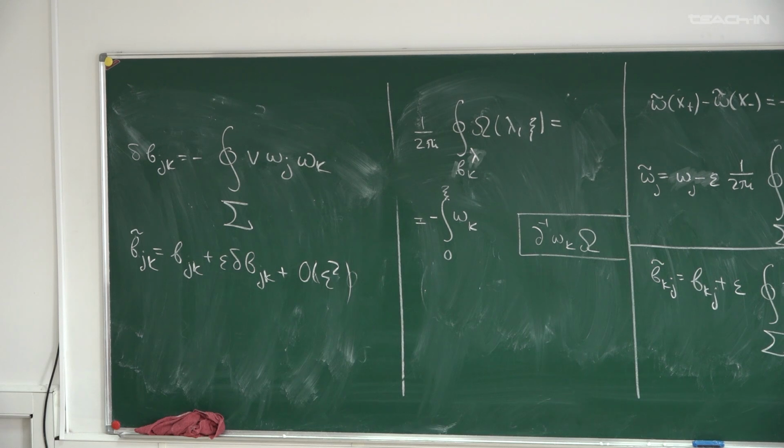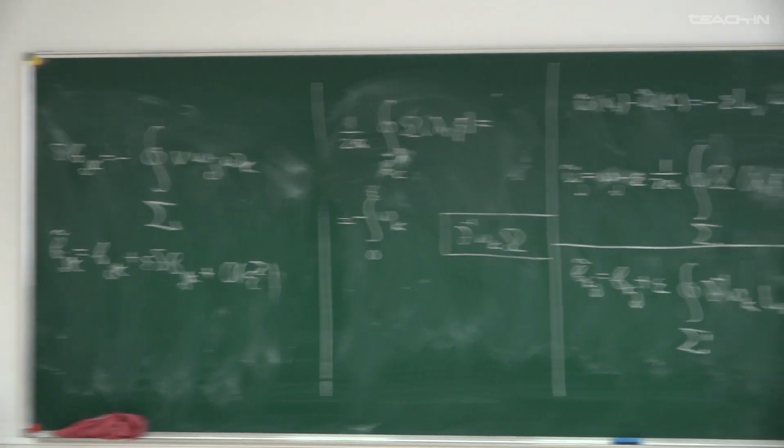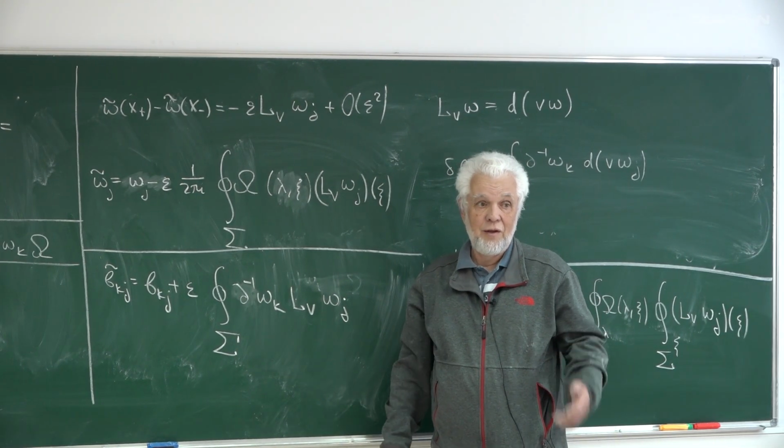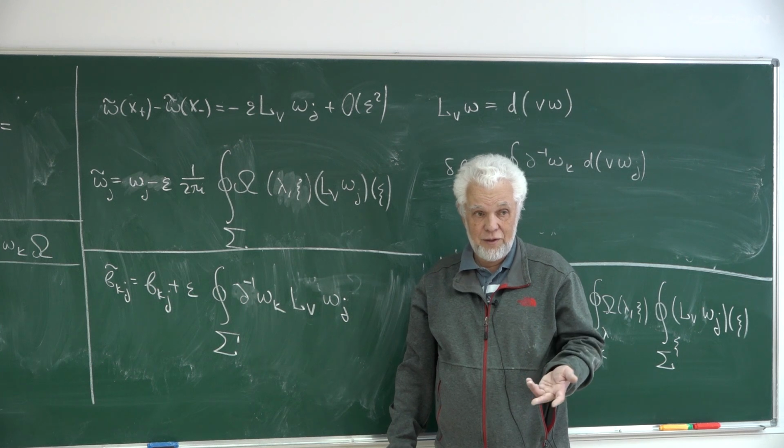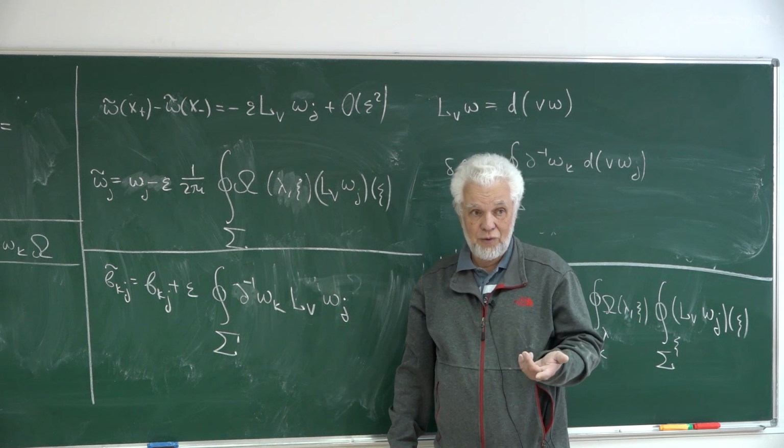So I showed how to do the calculations using bilinear relations. There are main ideas. One main idea is to reduce the geometrical construction to this equation, to go from geometry to analysis. The second, we used bilinear relations to calculate the variation of the period.